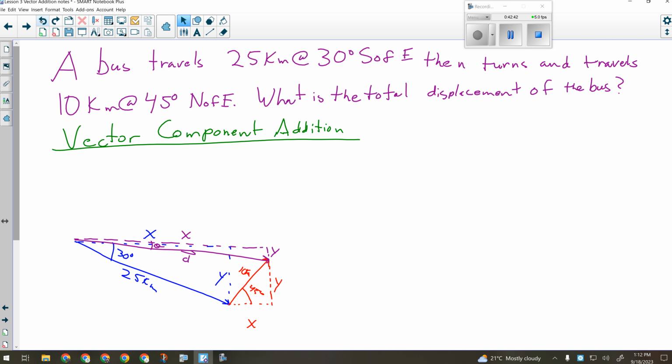Now in this one, one of them is south and one of them is north, but that's fine. I'll just make one of them negative. Okay? Everybody okay with that idea? Right? Because if I add blue y to red y, the difference between those two should be purple y. Okay? All right. How do I go about finding blue x and blue y?